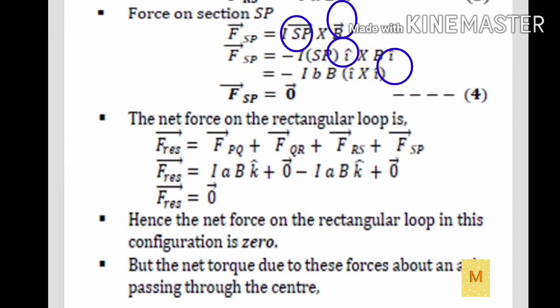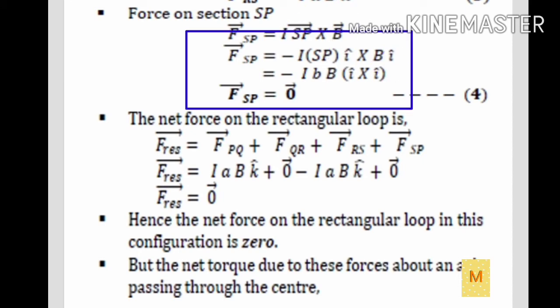The unit vector for positive x direction is i cap, so that the equation becomes FSP vector is equal to minus I SP i cap cross B i cap, which is equal to minus I B into i cap cross i cap, where i cap cross i cap is equal to what? 0. The cross product of same unit vector is equal to 0. Based on this, the equation will become 0.